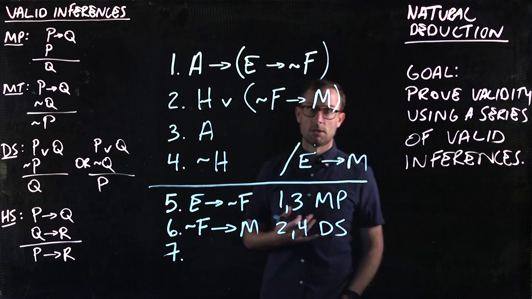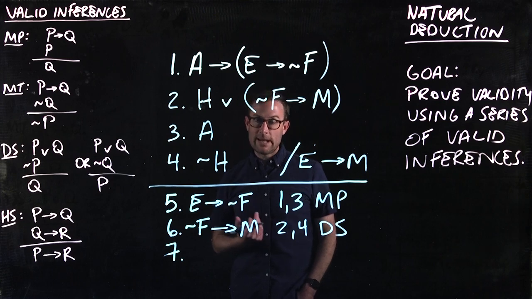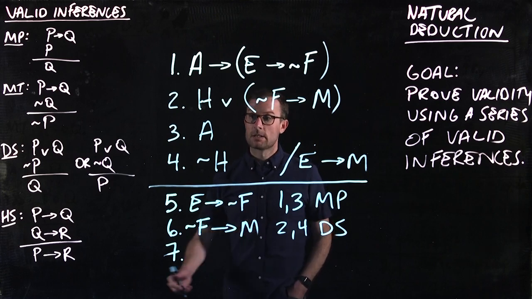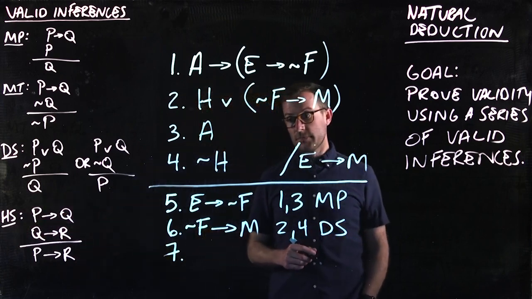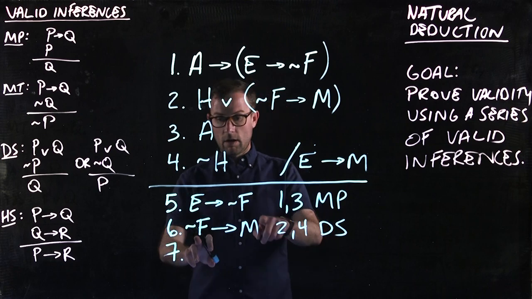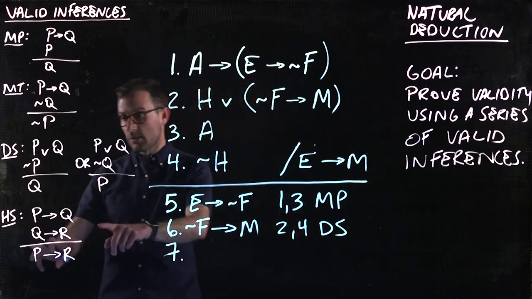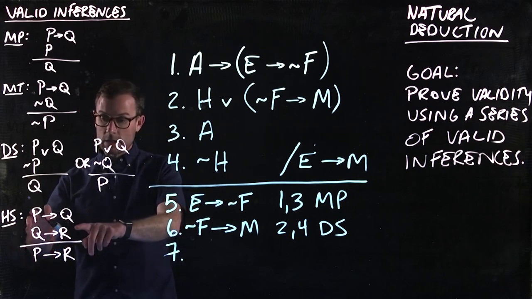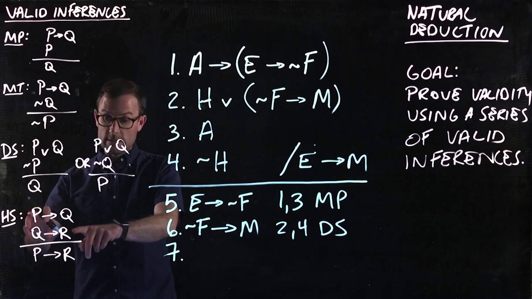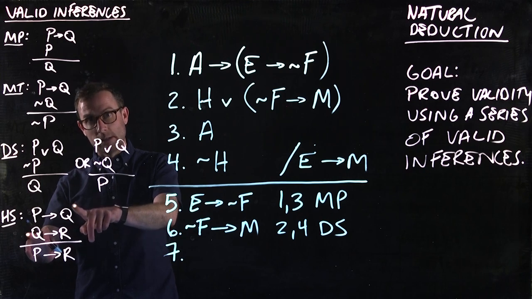Looking at the proof, I see that we can utilize the hypothetical syllogism argument form here, given that we have a common letter variable with the same truth value. In a hypothetical syllogism, all we do is link two of the different letter variables, one as an antecedent, one as a consequent, through a common letter variable, which is also an antecedent and a consequent.